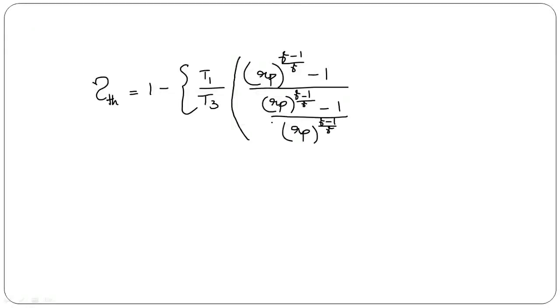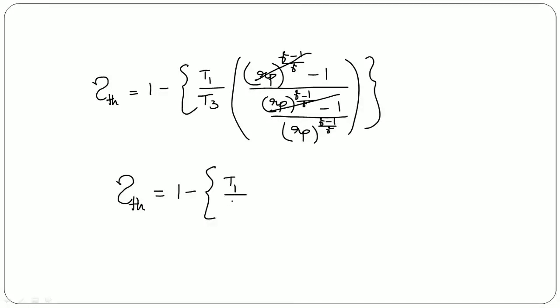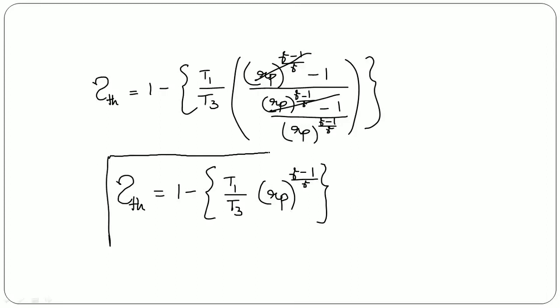This is what we have got. So these two get cancelled, and finally the thermal efficiency can be written as 1 minus T1 by T3 into Rp to the power gamma minus 1 by gamma. So this is the thermal efficiency.